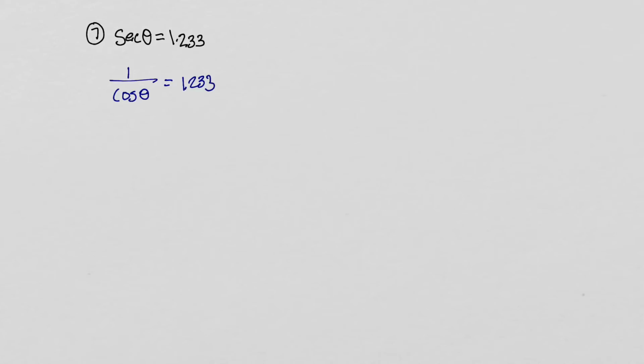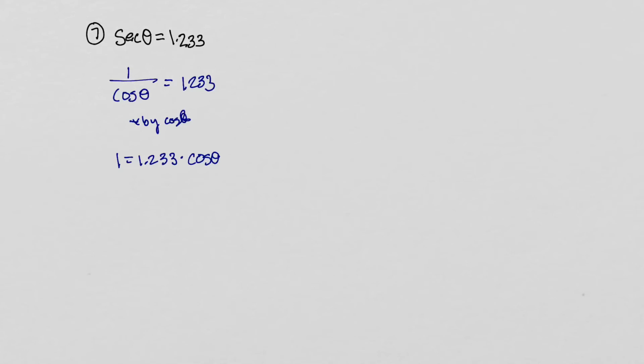These two things here are the same. Secant of theta, 1 over the cosine of theta. They're identical. Now, if we multiply by cosine of theta, here's what we get. 1 is equal to 1.233 times the cosine of theta.